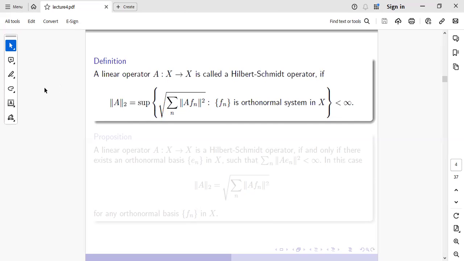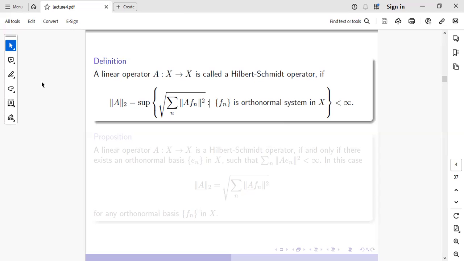In fact, since any orthonormal system can be extended to an orthonormal basis, it is enough to take the supremum only with respect to orthonormal bases.